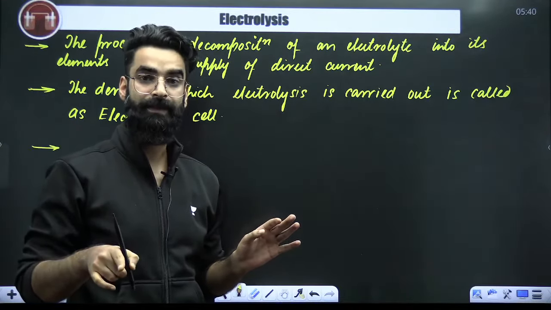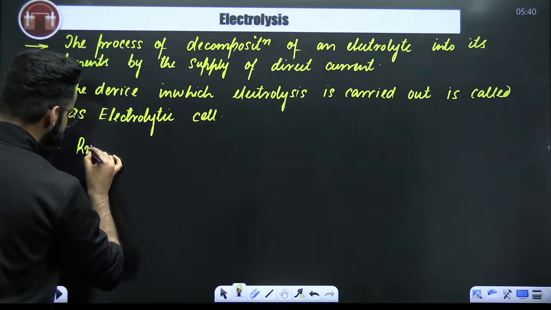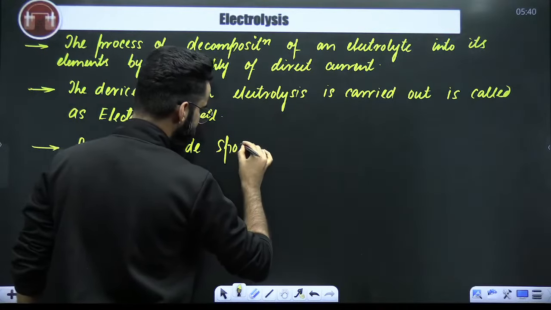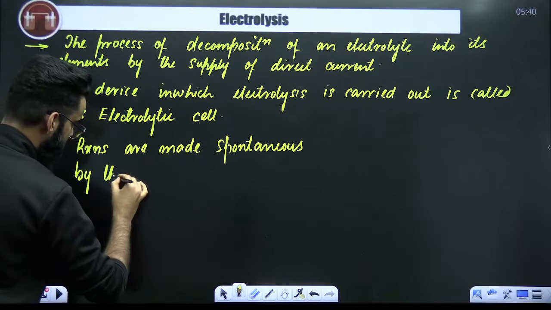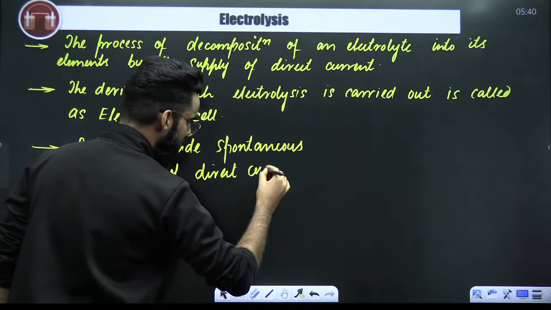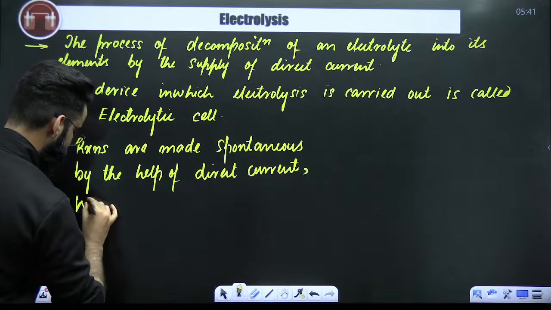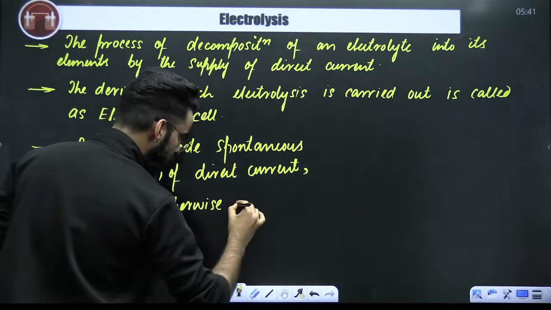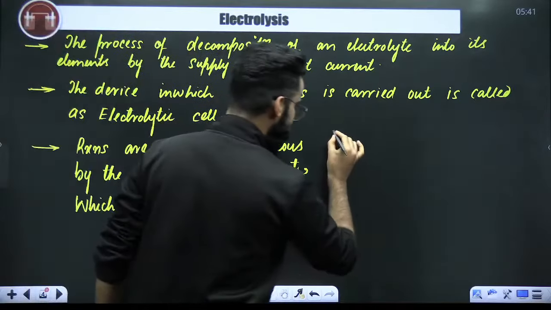In case of your Daniel cell, galvanic cell, etc. In case of electrolysis, reactions are made spontaneous by the help of direct current, which are otherwise non-spontaneous.